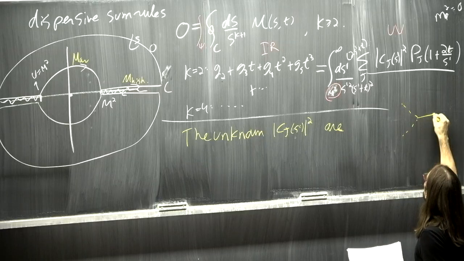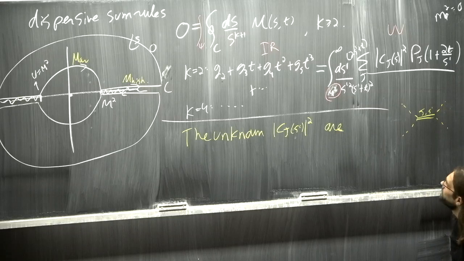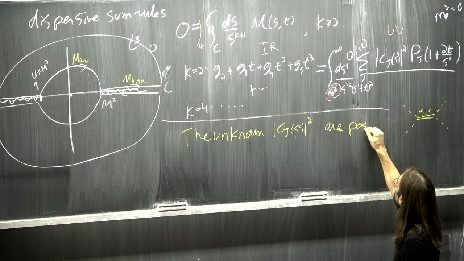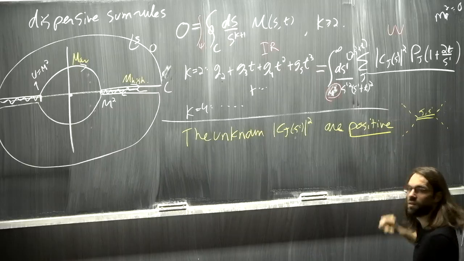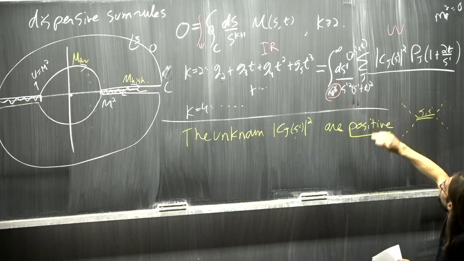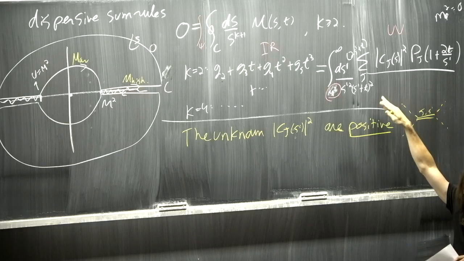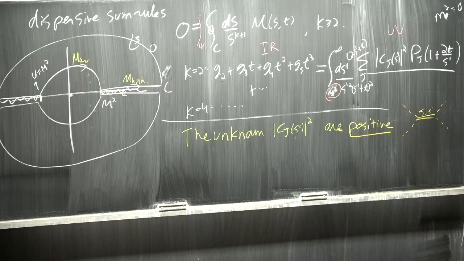They represent the probability that you create some heavy particle of state of spin J and s prime. So the unknowns are positive. Notice that this is not saying that the right-hand side is positive, but somehow the unknowns in this formula are positive. The Legendre polynomials are oscillatory functions, but they multiply positive unknowns. And we're going to try to extract mileage from the fact that we know the sign of the unknowns. That is the game.